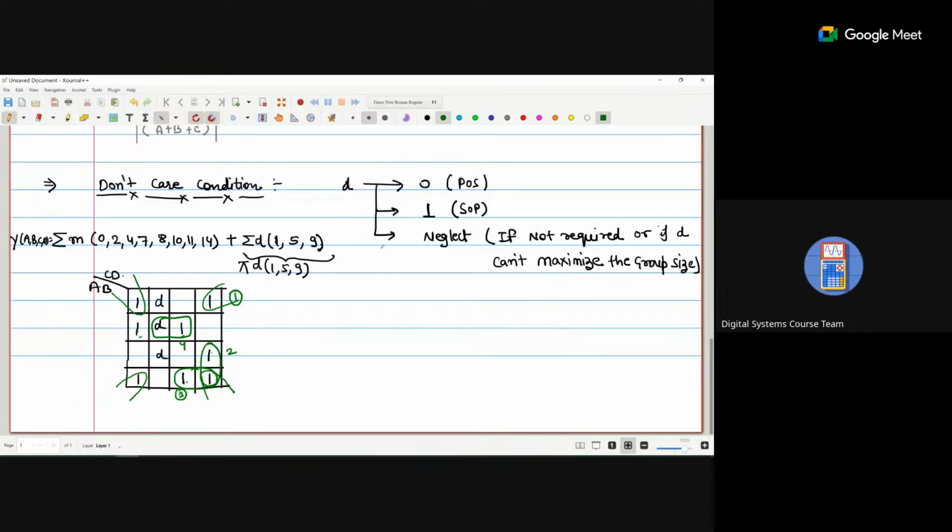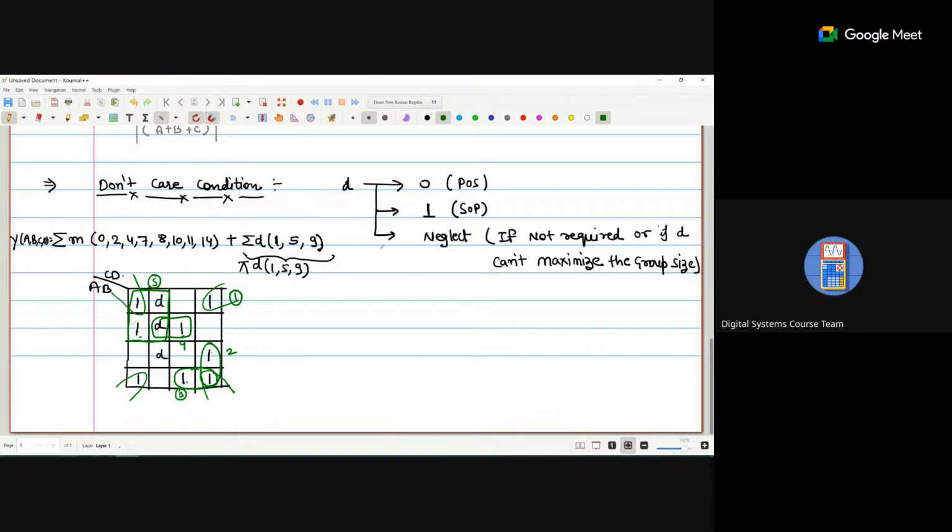If I consider this D also, this D already considered. If I consider this first D also, I can create a group of four. Otherwise, a group of two is possible. So we consider these two Ds to maximize the group size.